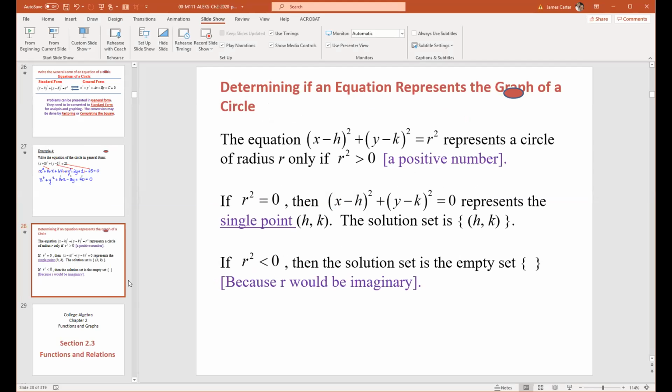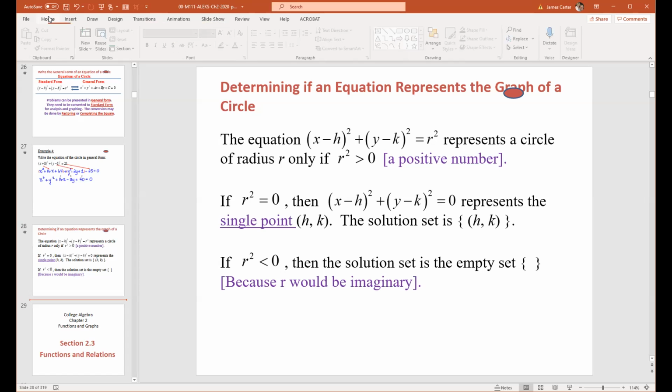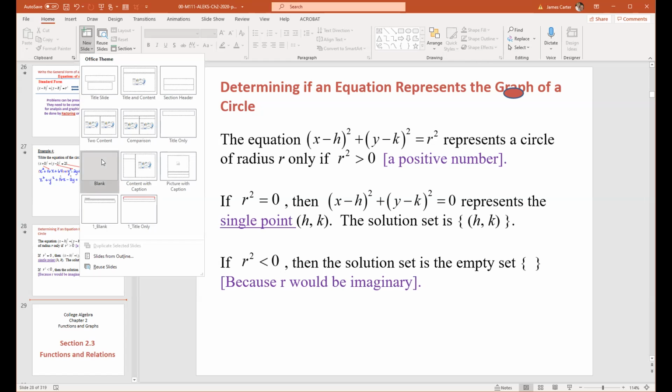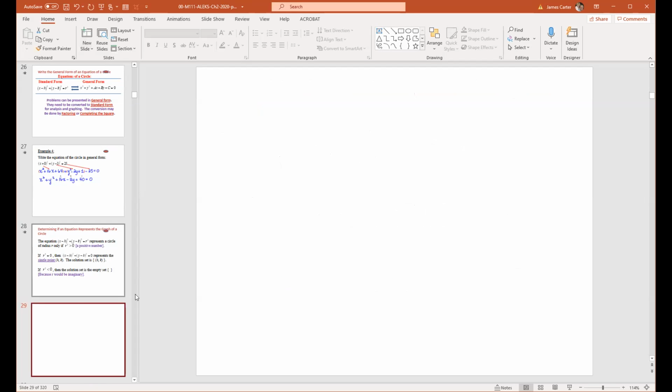Okay, there we go. Let me add another sheet to this real quickly. New slide. I want a blank one. And here we go.